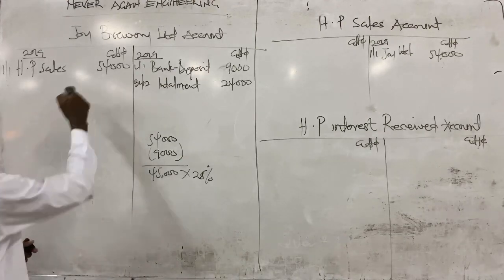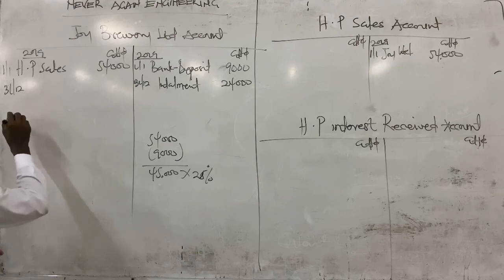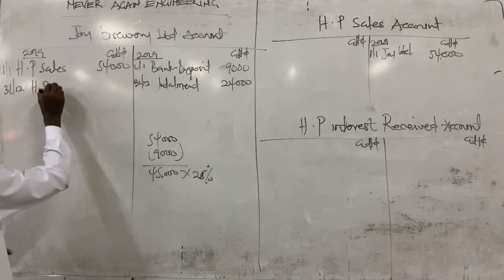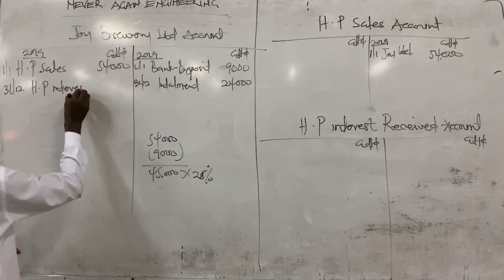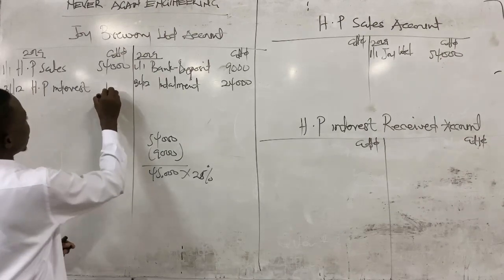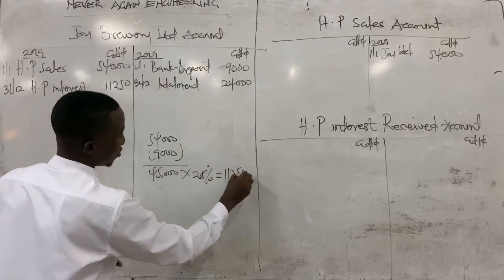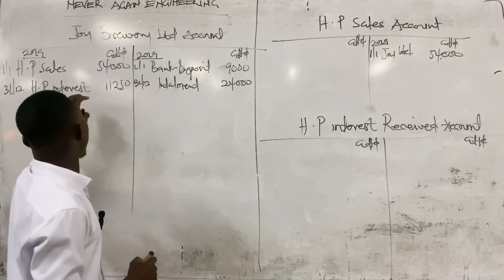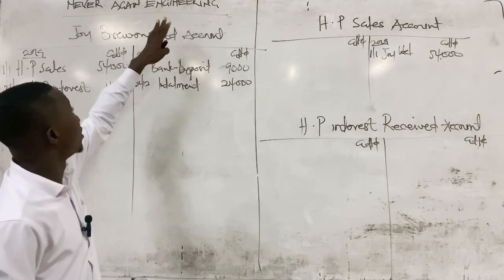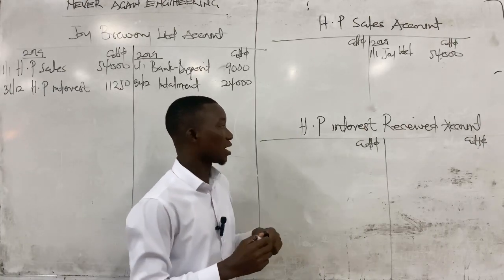So we debit his account on 31st of December with hire purchase interest, and the amount is 11,250. But remember that this hire purchase interest is an income to Never Again Engineering, so it is supposed to be credited to the hire purchase interest received account.